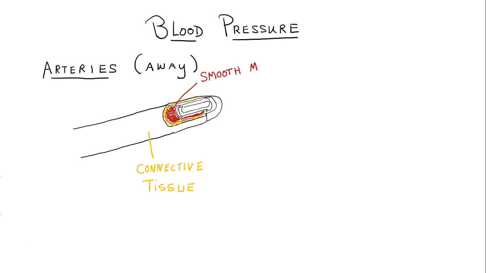Remember, smooth muscle is the muscle that's involuntary, surrounding organs such as the digestive tract and also blood vessels, as in this case. And then you have the endothelial tissue, which is an epithelial tissue, and it is the lining of the blood vessel closest to where the blood is, which is in the interior of the endothelial tissue.